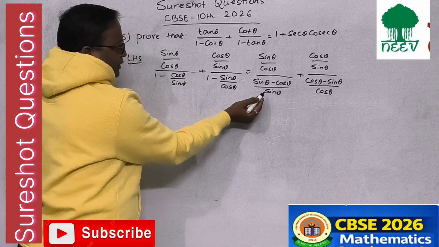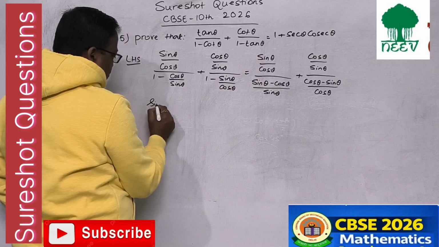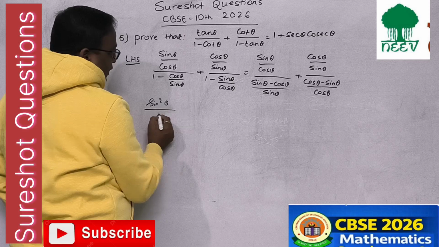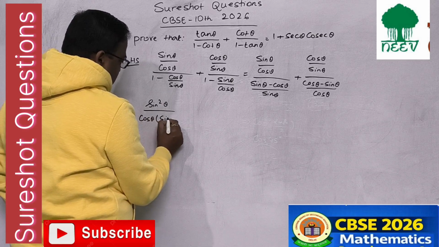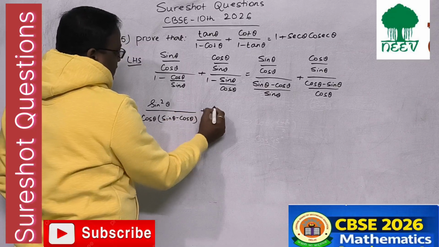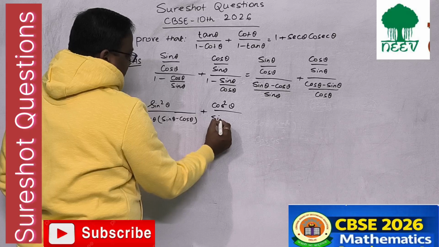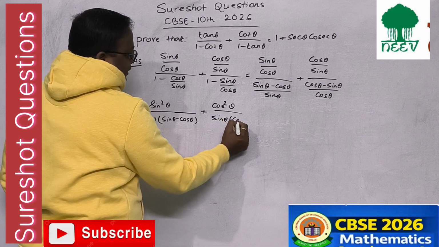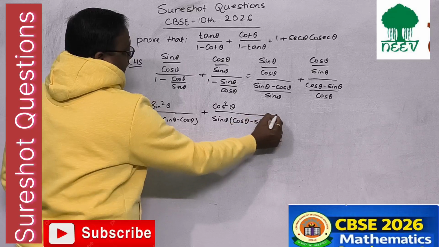Now this sin will go above, so it will become sin square theta, and we'll get cos theta sin theta minus cos theta plus cos square theta. Here we will get sin theta and cos theta minus sin theta.